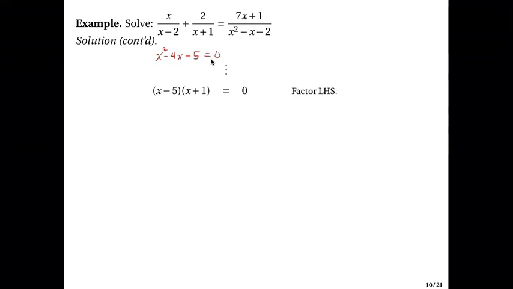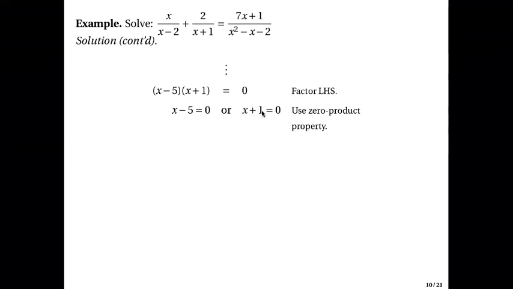Now, look at this. We use now the zero property. We will have x minus 5 equals 0 or x plus 1 equals 0. But in here, look at this, exactly this guy here.